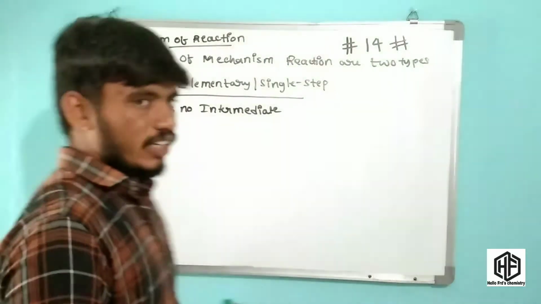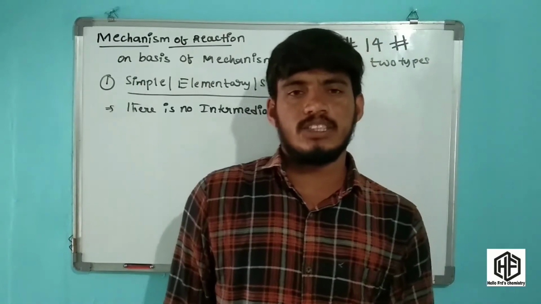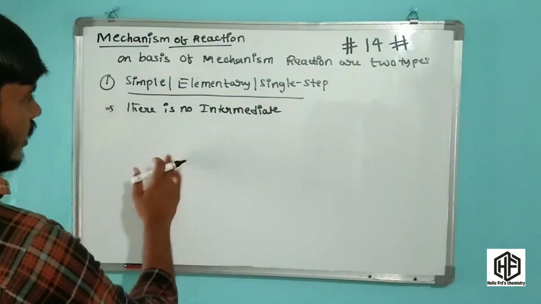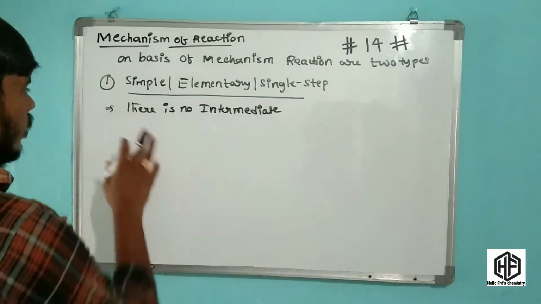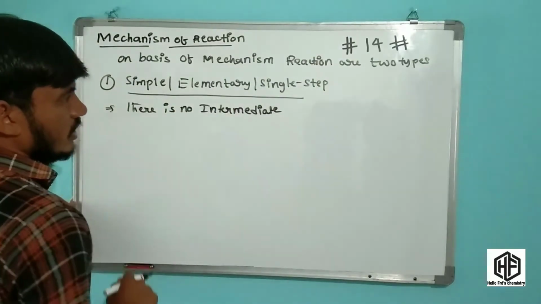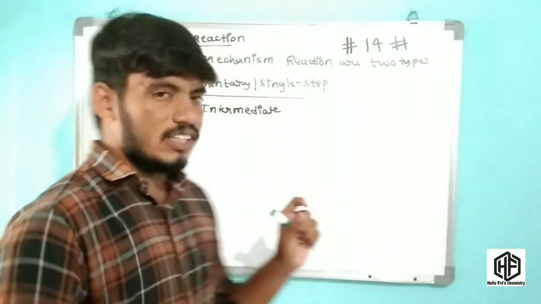There is no intermediate, meaning no carbocation or carbanion or free radical. Okay friends, no intermediate is present. It is only present in the transition state.